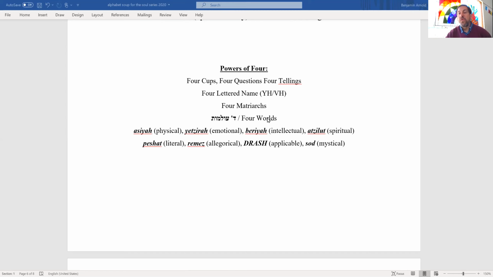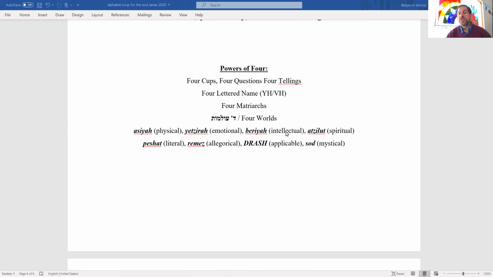There's also 4 worlds in Kabbalah, the tradition that all of existence is a refraction into 4 different worlds. So you have the worlds of Asiyah, Yetzirah, Bria, and Atzilut. One way to translate these is as the physical dimension of existence, the emotional or fluid aspect of existence, the intellectual realm, and the spiritual realm, which sort of encapsulates the other 3.